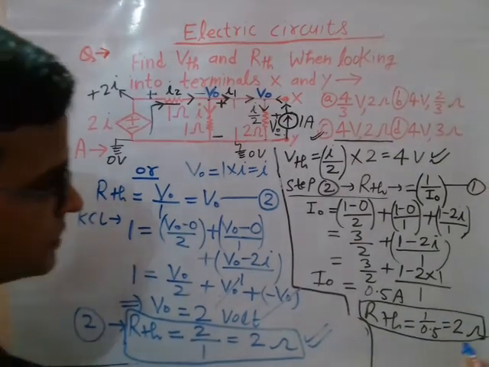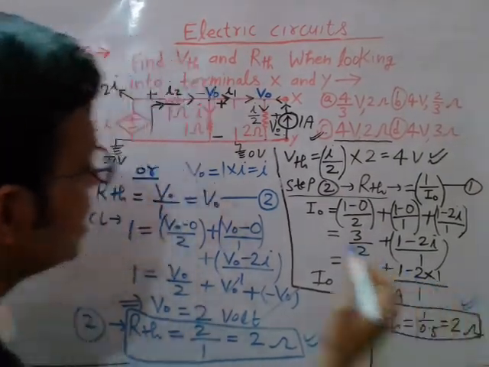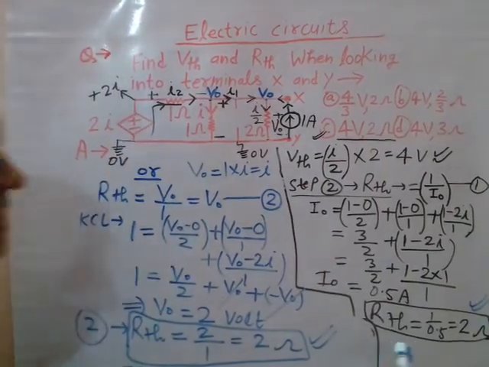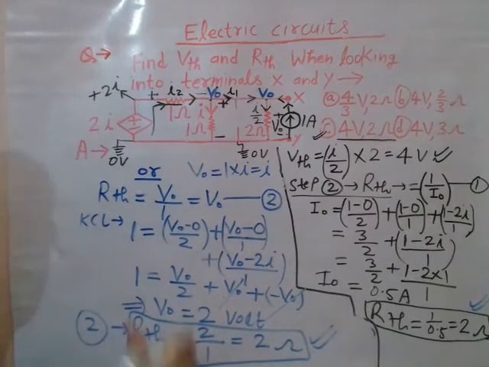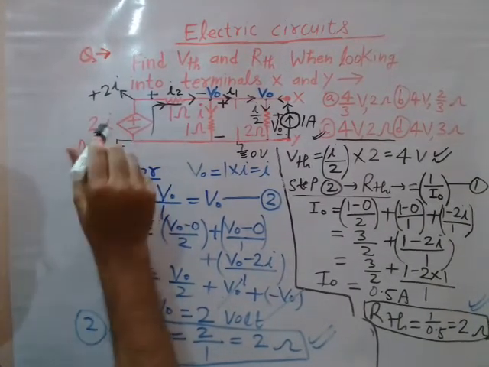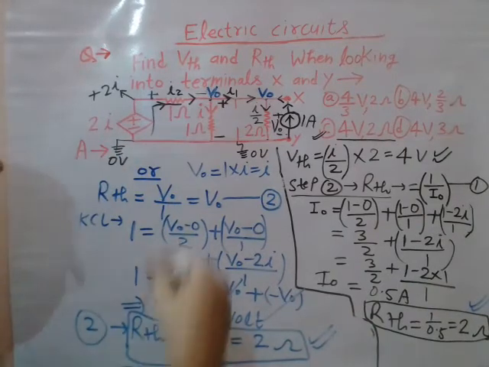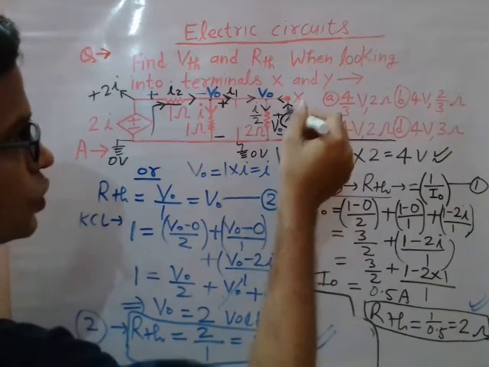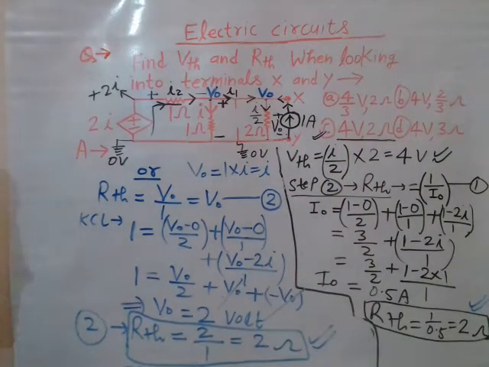That is the process of calculation of Thevenin's resistance when a dependent source is present. All this calculation is due to the presence of the dependent current source, right? Had this dependent source not been there, you could directly calculate, with no need to connect a test voltage source or test current source.